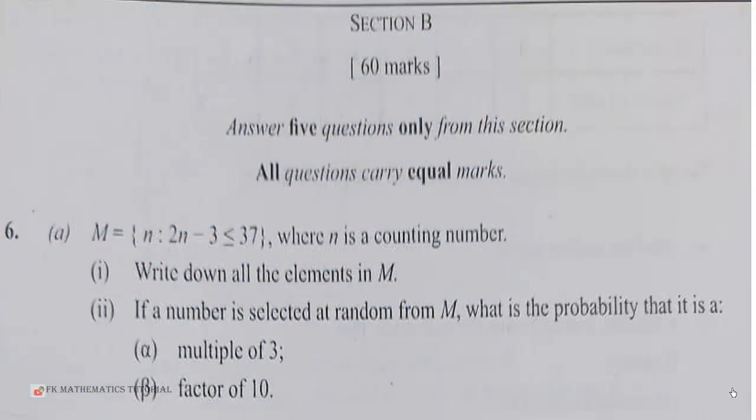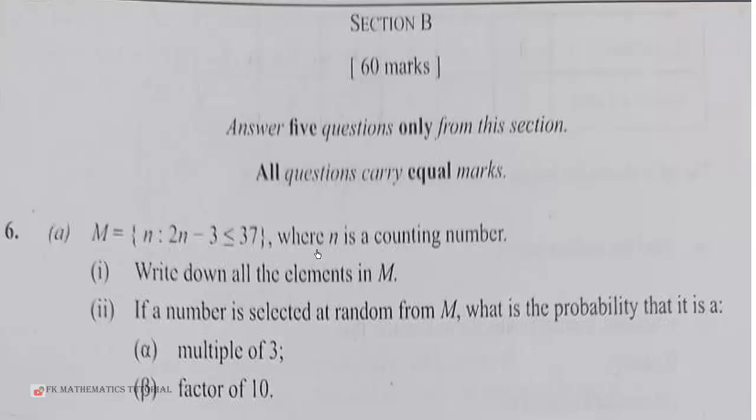So we continue solving our WASSCE 2023 core mathematics paper 2. So we are going to solve question 6 through 13 in this video. So let's begin with question number 6. M is a set of natural numbers n such that 2n minus 3 is less than or equal to 37.